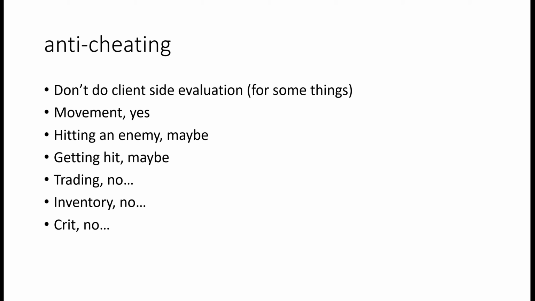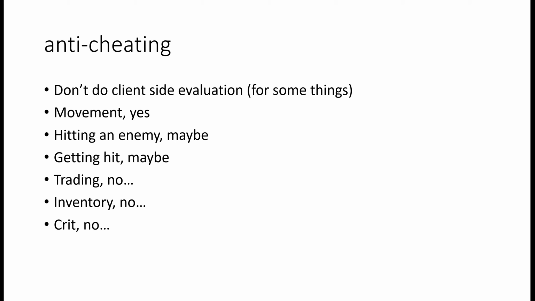If you have an FPS, you might think about whether it is the client or the server that determines whether or not you hit an enemy. It could be the client, actually, and some games do this, like Overwatch. This allows you to have aimbots, or auto aim, and hit through walls and such.